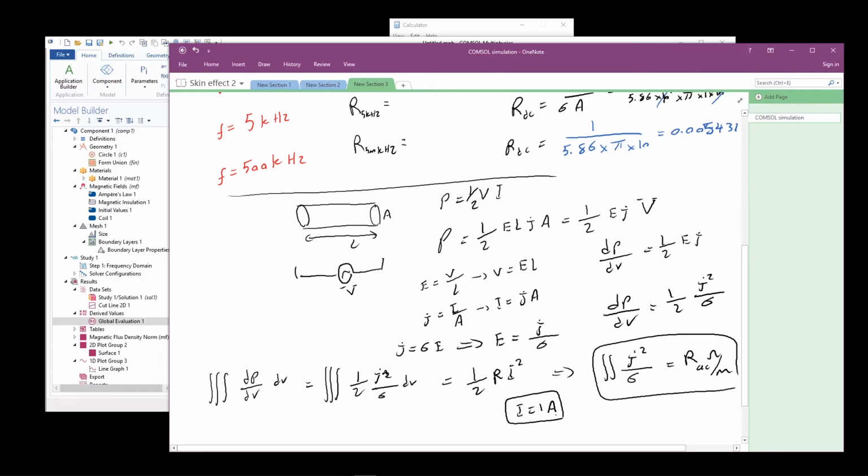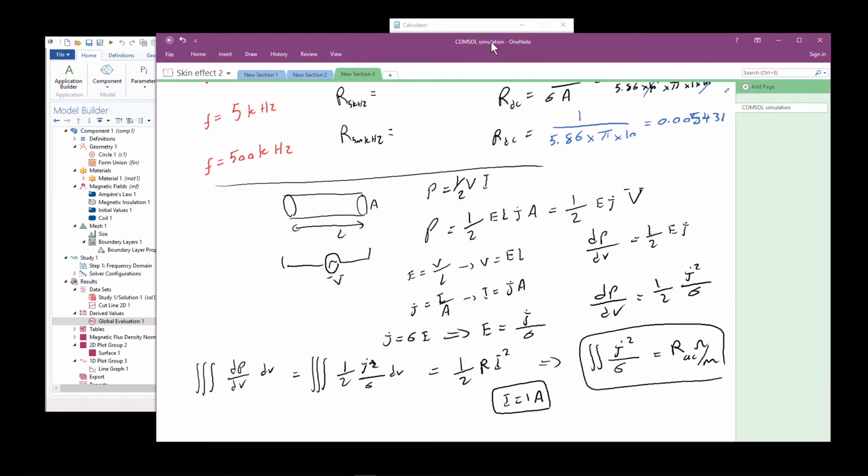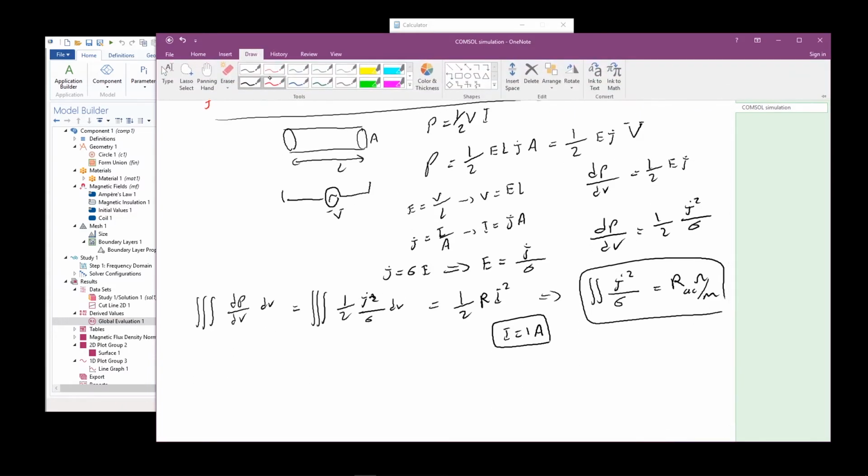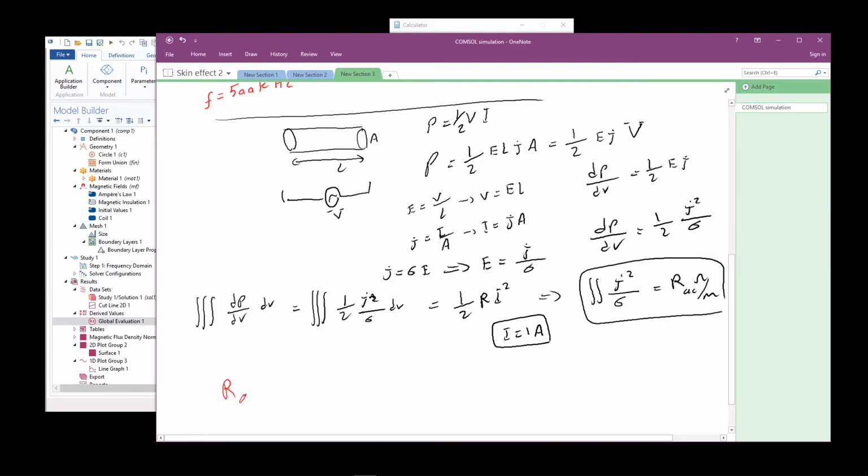So I can actually use this integral to calculate the RAC if I want. So the surface integral of J squared divided by sigma gives me RAC. I should actually write it the opposite way, maybe with red. So RAC in ohm per meter in this 2D case is equal to the surface integral of J squared divided by sigma dS.